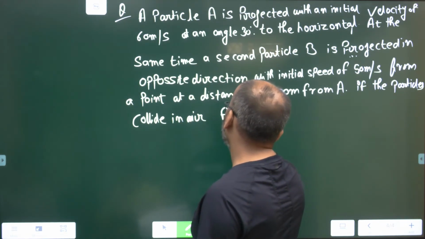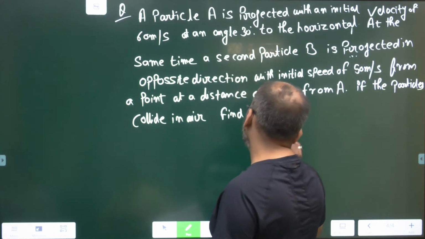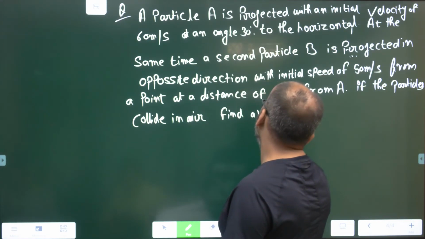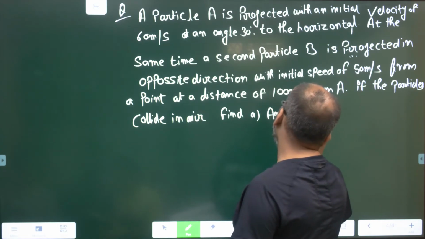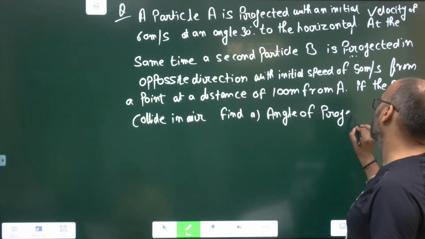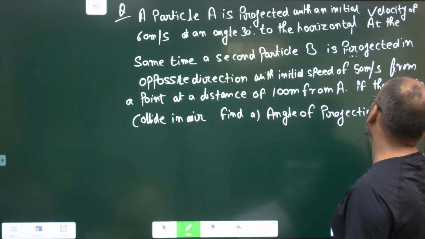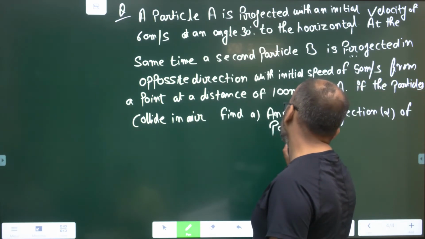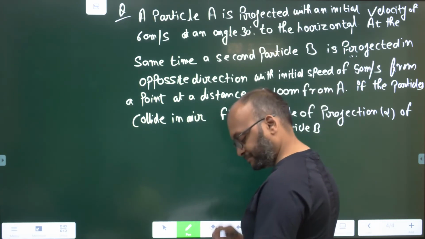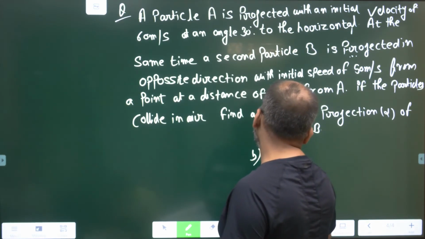So if the particles collide in air, find: A, the angle of projection alpha of particle B. B, time when collision takes place.